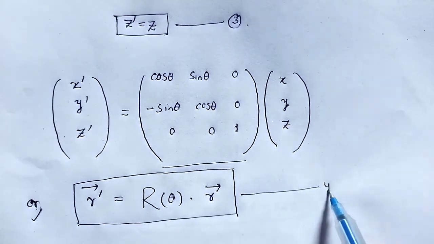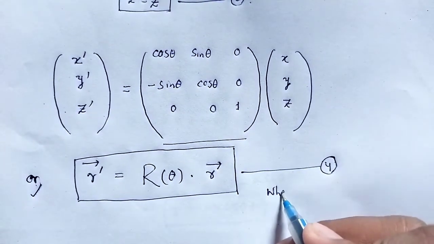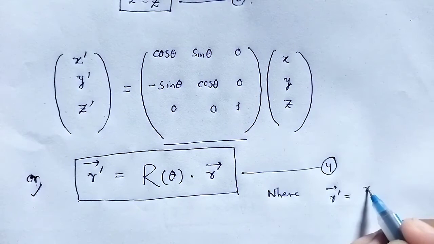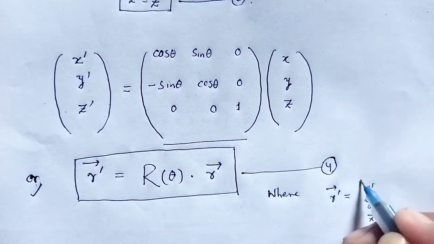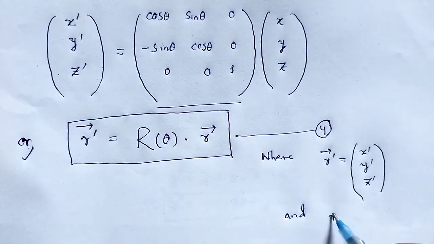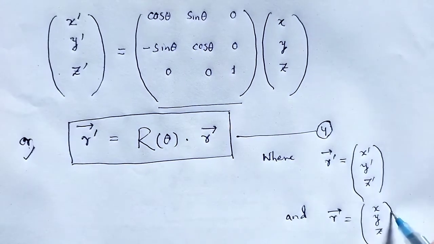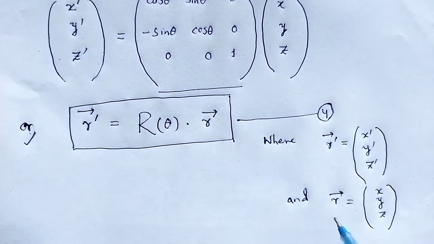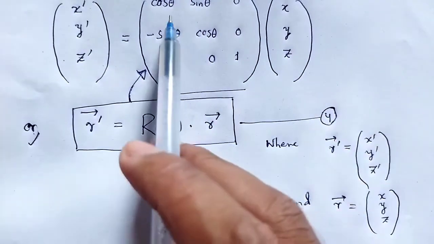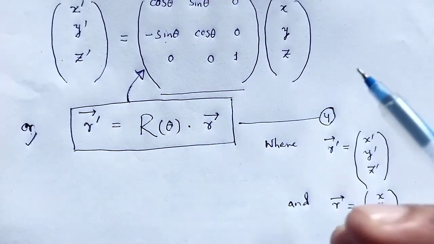This is equation number 4, where we use the r dash vector equal to the x dash, y dash, z dash matrix, and the r vector equal to the x, y, z matrix, and also r of theta is the matrix representation of cos theta, sin theta, 0; minus sin theta, cos theta, 0; 0, 0, 1, which changes the position of the vector.